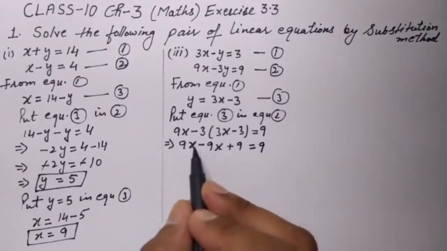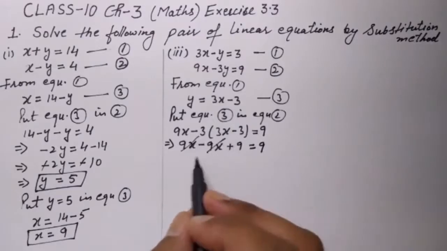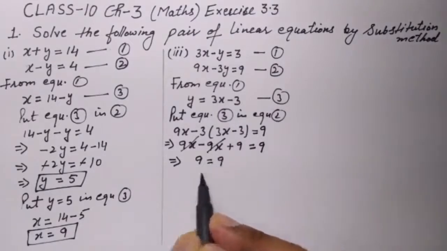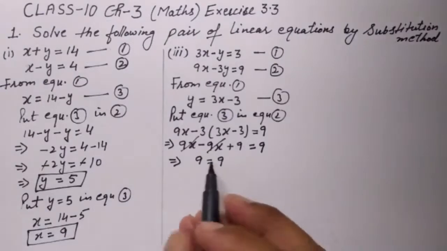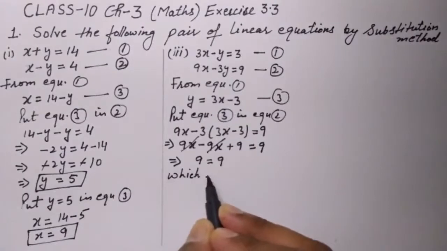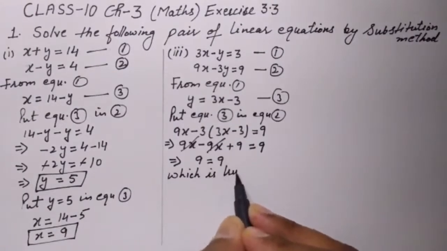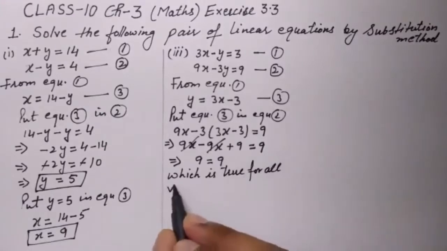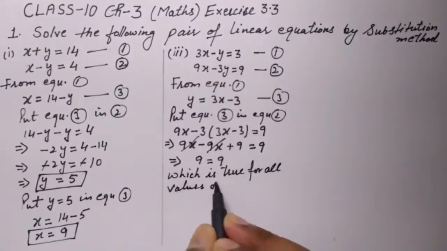So these 9x and minus 9x will be cancelled. What is left here? 9 is equal to 9. So we'll write which is true, because 9 is equal to 9. So which is true for all values of x and y, for all values of x and y.